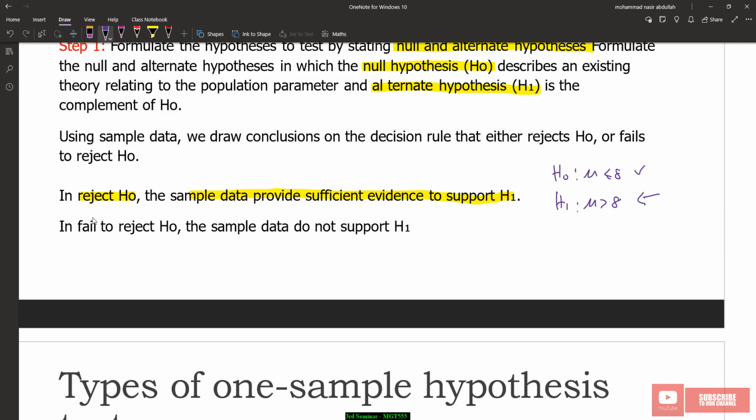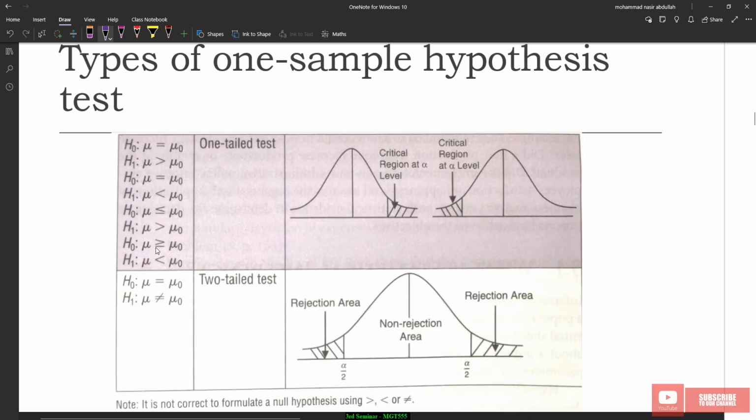Kalau kita reject null hypothesis, means kita accept alternate hypothesis. The other way lah. Sama ada kita accept the H null or kita accept H1. Salah satu saja, right?